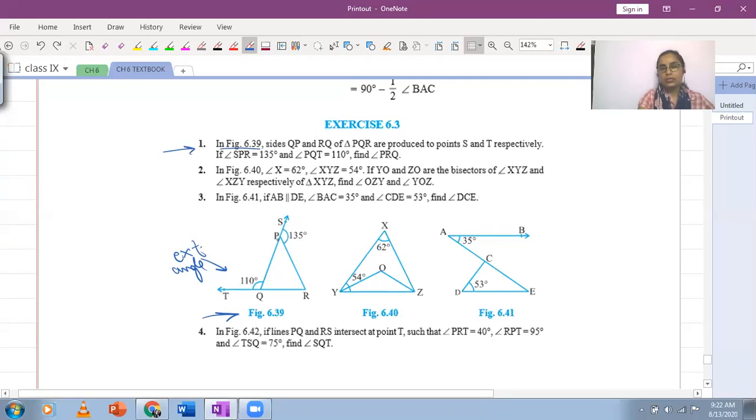And at vertex P, the side QP is extended towards the vertex P. And again, this is an exterior angle. It forms a linear pair with the interior angle. You want to find out the measure of angle PRQ. This is the angle you want to find out.